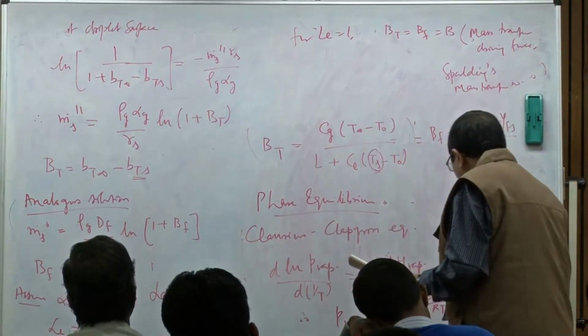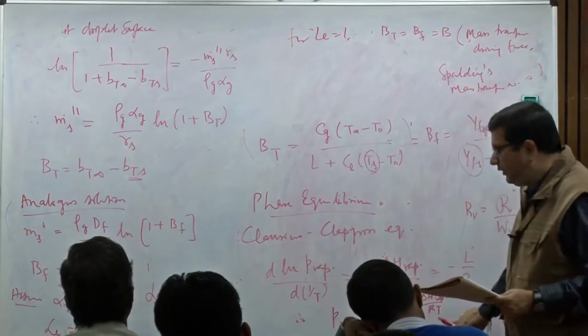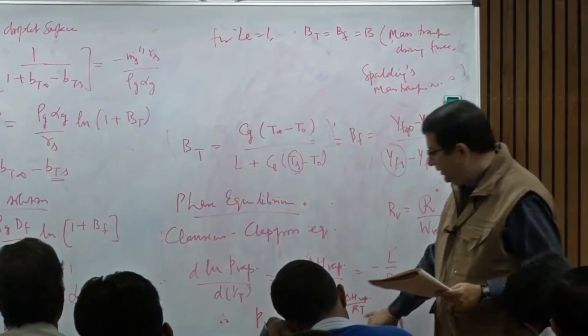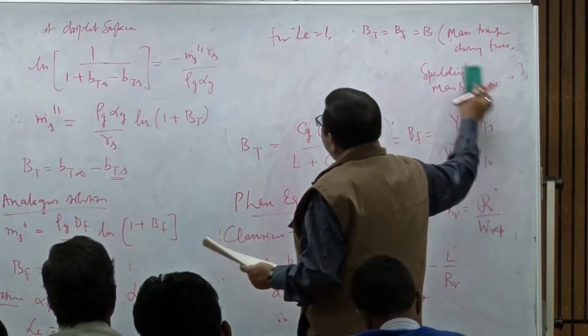Now, at the surface, the temperature is T s and the vapor pressure is P s for the vapor.